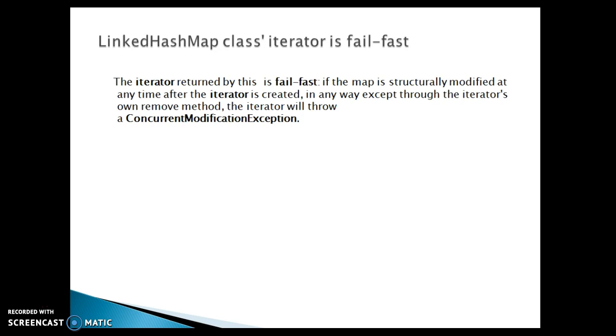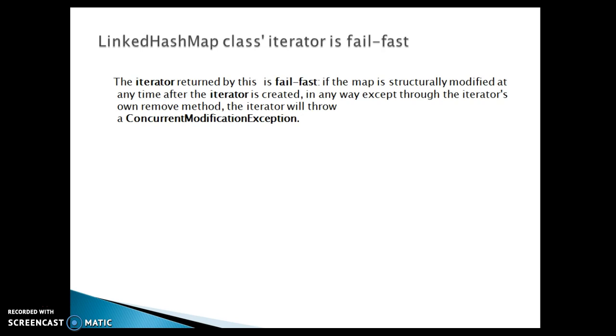So you have a lot of collections in the java.util package, and when you get the iterator from any of the collections which belong to the java.util package, all those iterators are fail fast, meaning if you try to add or remove any elements from the underlying collection, then that will throw ConcurrentModificationException, right.